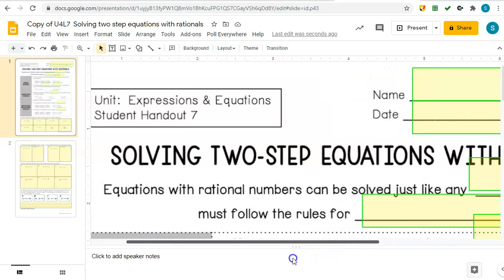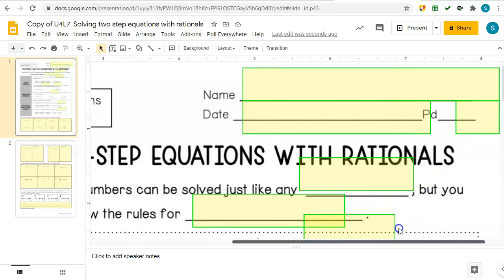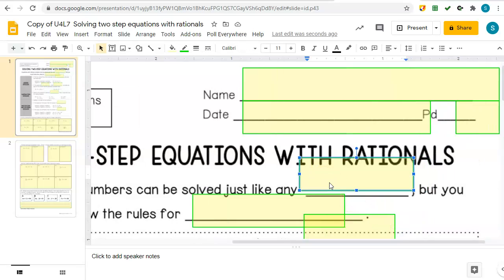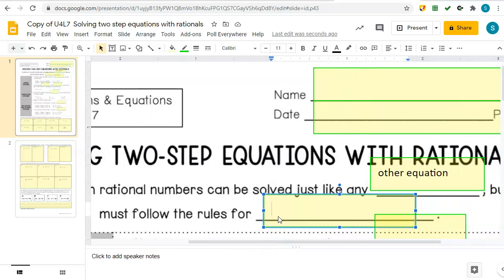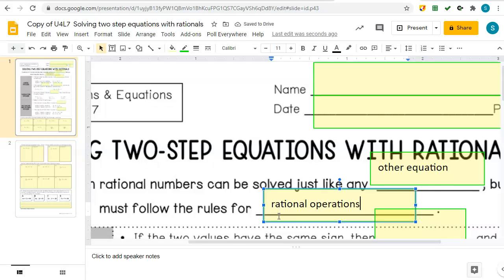So equations with rationals can be solved just like any other equation. But you must follow the rules for rational operations, so dealing with whether it's a positive or a negative.